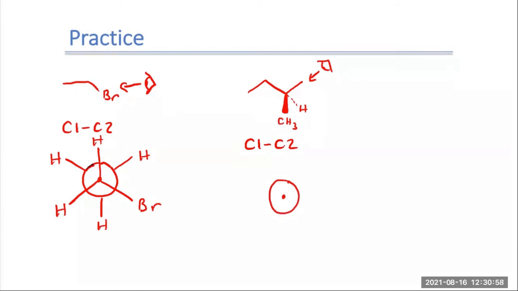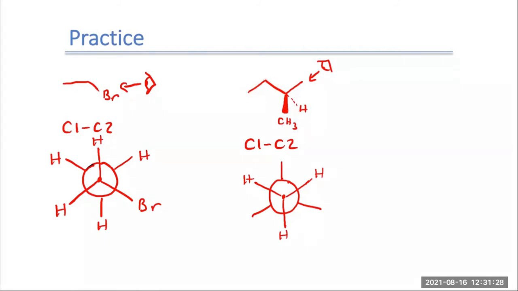With me so far? So C2 and C1 have bonds coming out like that. C1, since it's the methyl group, is all hydrogen. C2, now we're going to have to figure it out. So first, we have a methyl group, and I have a CH2, CH3 group, an ethyl group, and a hydrogen.